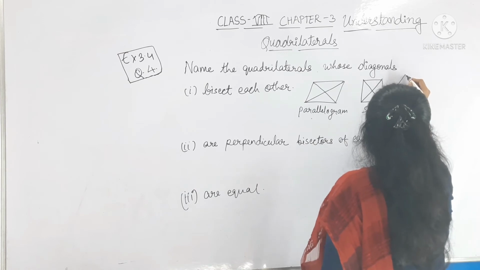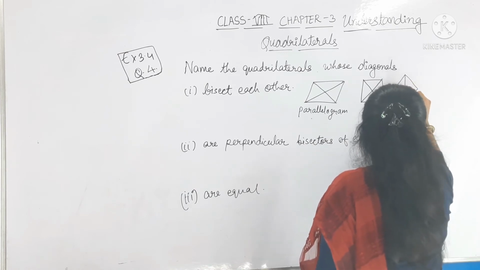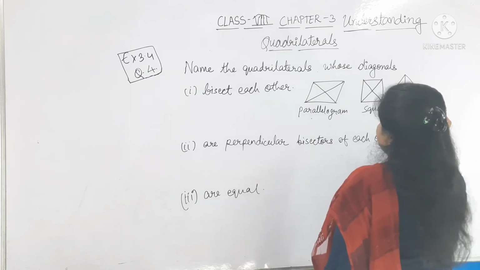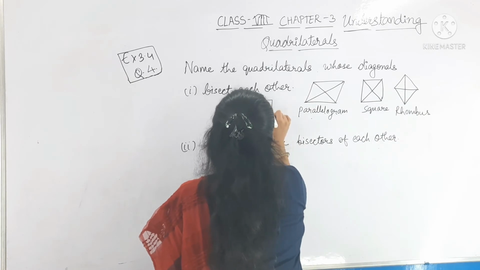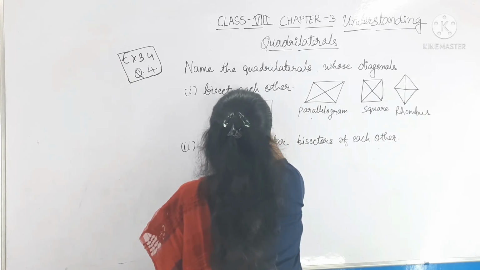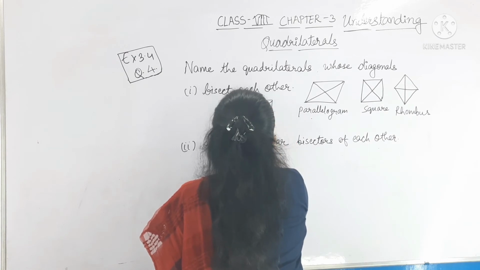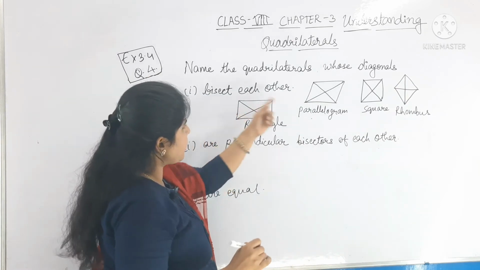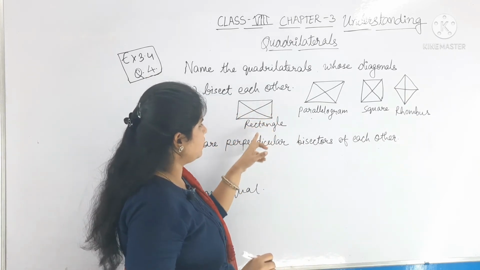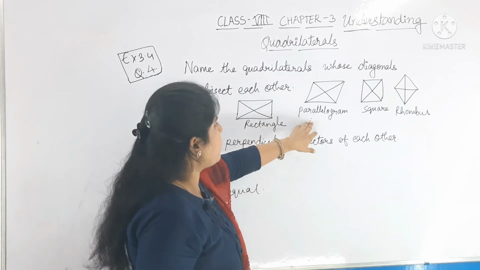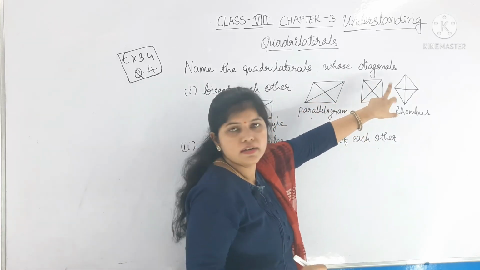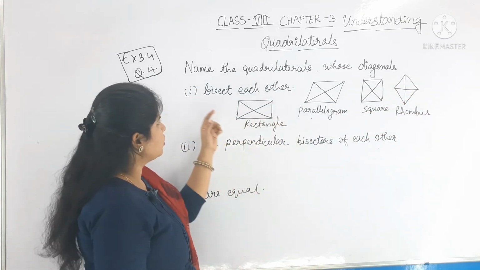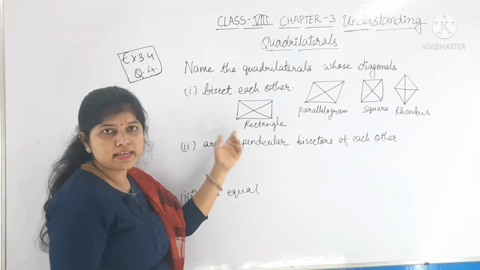This is a rhombus. And here I make a rectangle. This is a rectangle. You can see that diagonals bisect each other. So rectangle, parallelogram, square and rhombus are the quadrilaterals whose diagonals bisect each other.